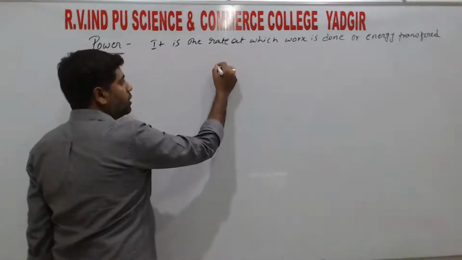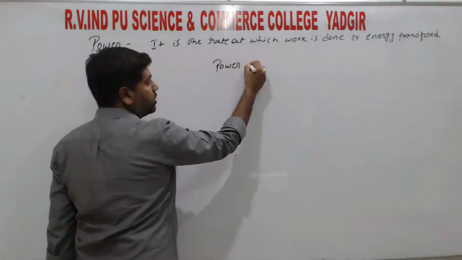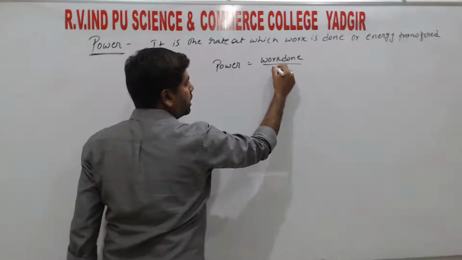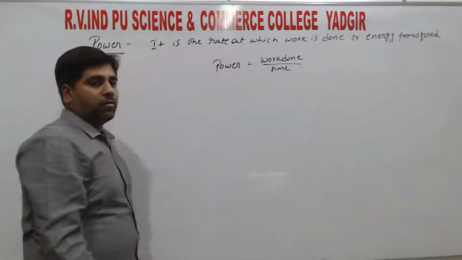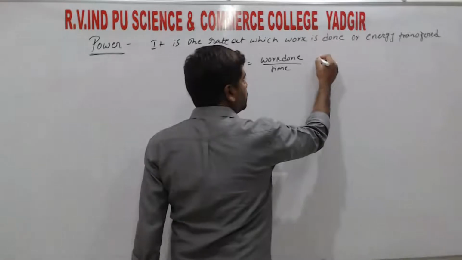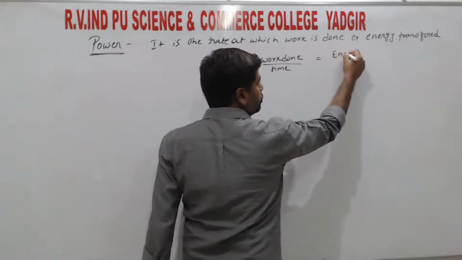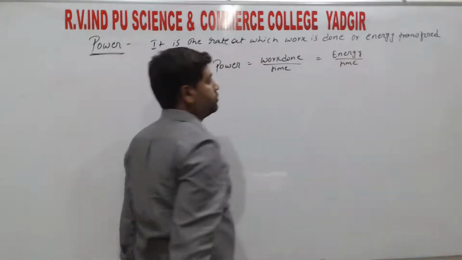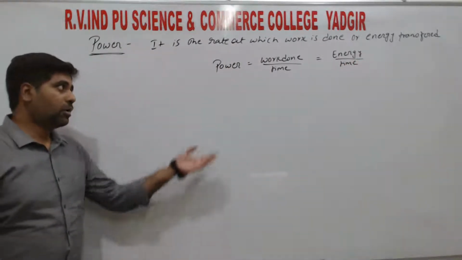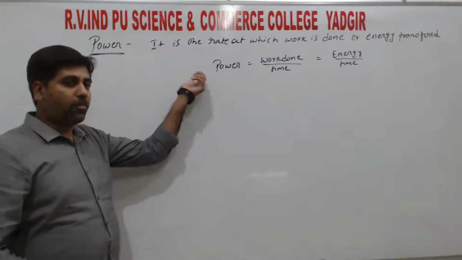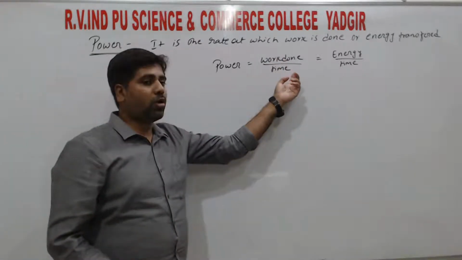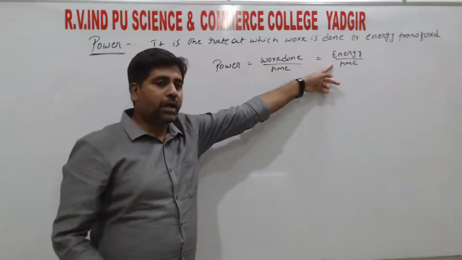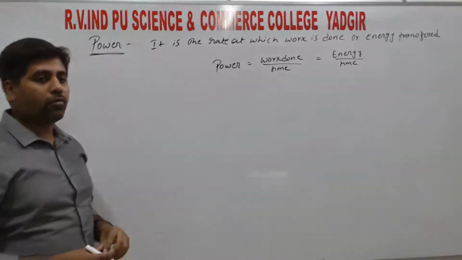So the relation is power equals work done divided by time taken, work done by time, or that is also equals to energy divided by time. We consider this as the formula for power: power is equal to work done by time or energy by time. So if we have work, we can find power, and if we have energy, we can also find out power, right?